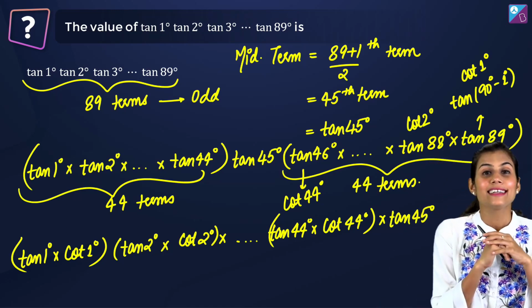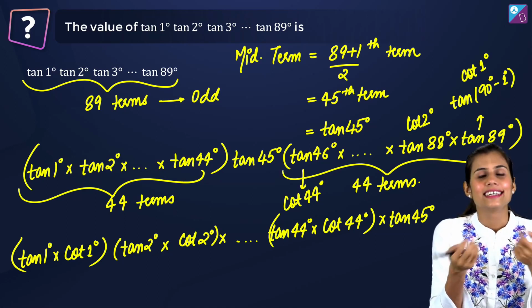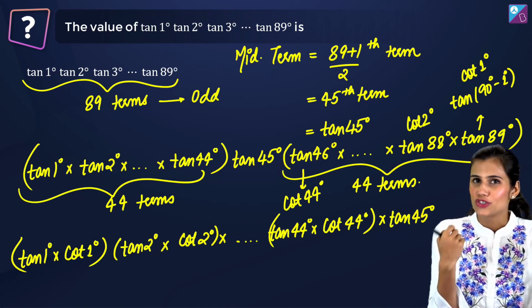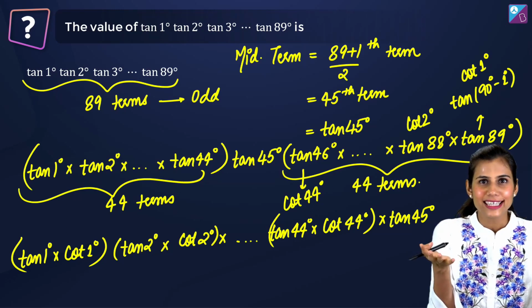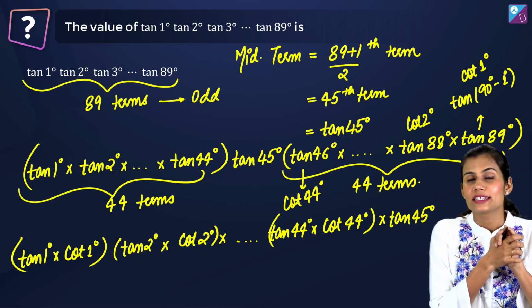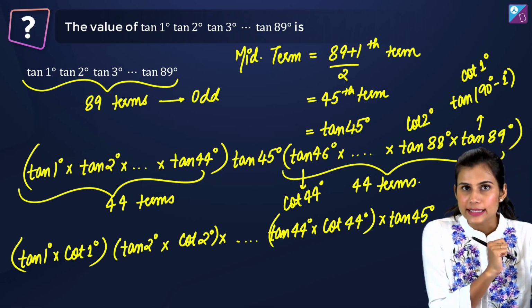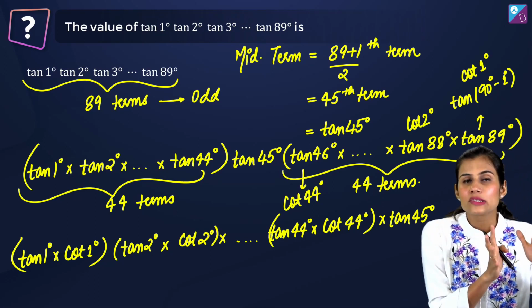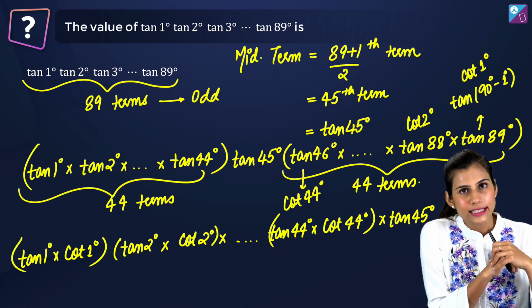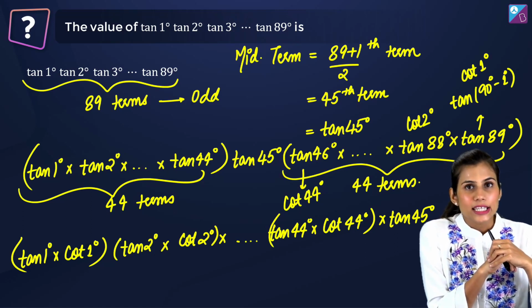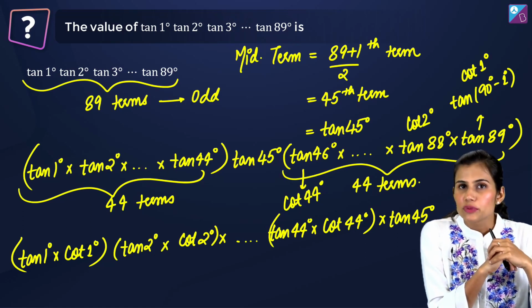Now you can clearly recall the hack, the trick, the shortcut, the identity, the property that tan and cot are actually reciprocals of each other. And all the angles involved here are acute angles. Can you see that? All the angles, all the arguments sitting here are less than 90. Whenever the angle is acute, each trigonometric ratio is positive.